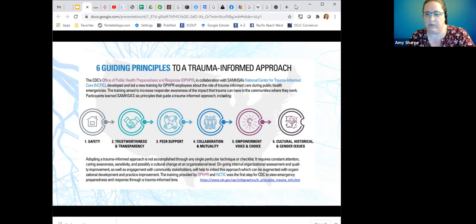And collaboration and mutuality, if they're ready to ask for help, you want them to be part of that planning process so that they feel invested in the outcome and they feel like it's what they want. And that goes hand in hand with empowerment, voice, and choice. Things like shared decision making make a big difference.